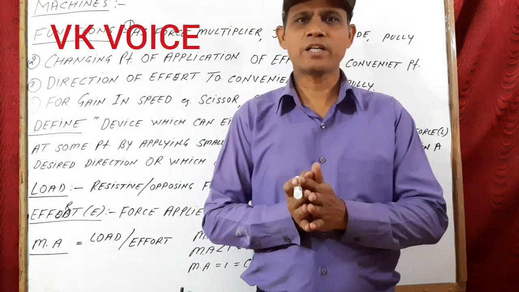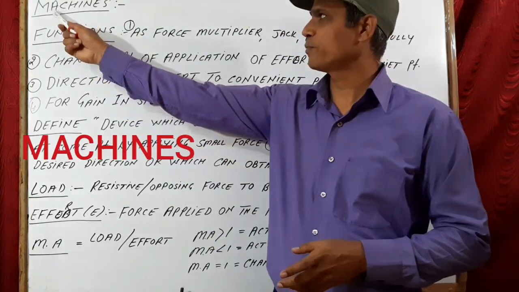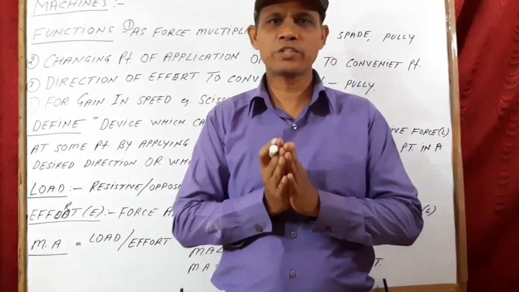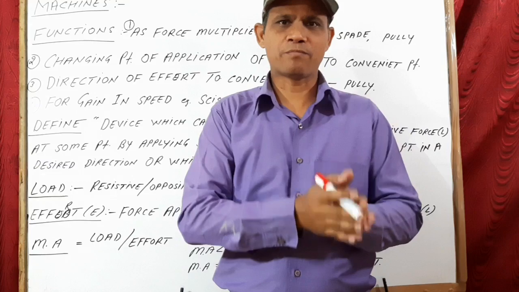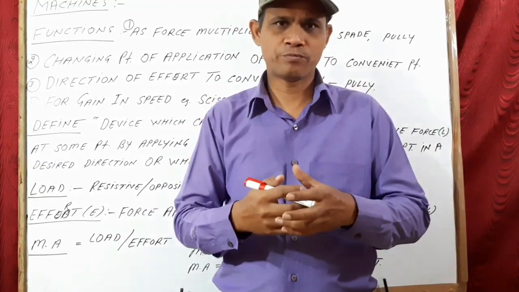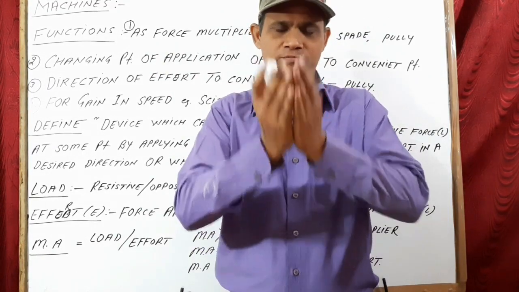Today in this session we are going to discuss chapter number 2, and the name of this chapter is machines. Now what is a machine? Before we define machine, let us take some examples. Suppose you want to pick a heavy load, or lift your car.